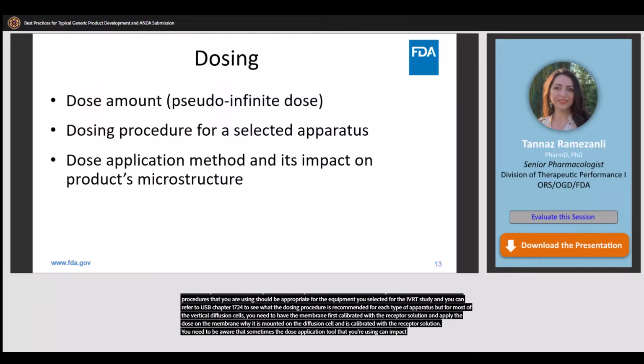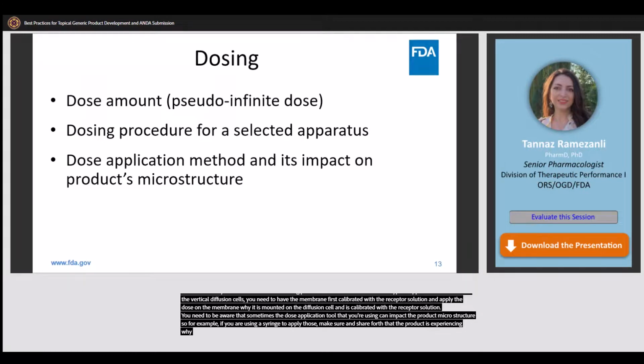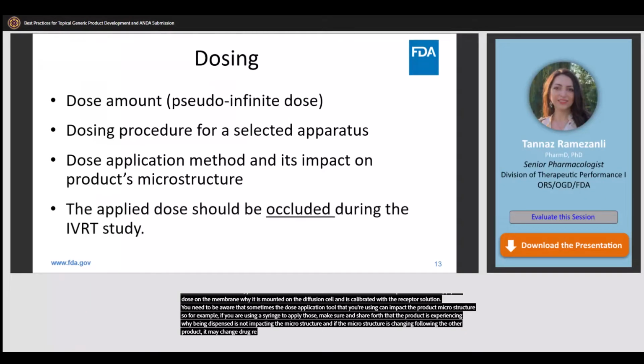So for example, if you're using a syringe to apply a dose, make sure the shear force that the product experiences while being dispensed from the syringe is not impacting its microstructure. And if the microstructure is changing following dispense of the product, it may change drug release and bioavailability. And another note is to make sure your diffusion cell is occluded during the IVRT study, because per Higuchi kinetics, steady state kinetics is obtained when the dose is occluded during the IVRT study.